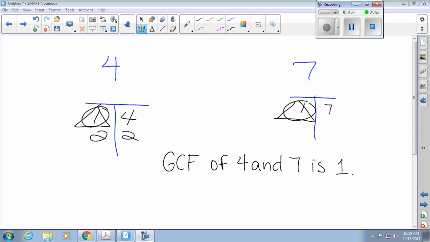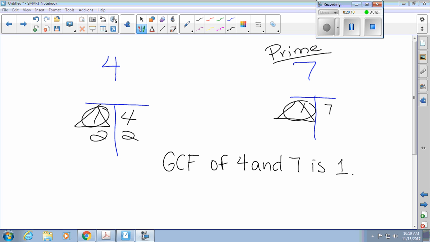Now, does anyone know the fancy math word that we call a number that only has 1 and itself as a factor? Giada's going to give it a try. A prime number. A prime number, very good. We call any number that just has itself and one as factors a prime number. Does anyone know what we call all the other numbers that have multiple factors other than just one and itself?